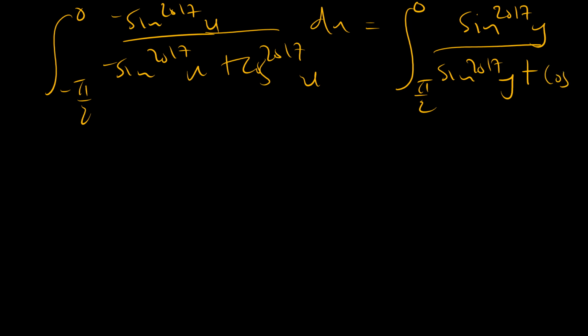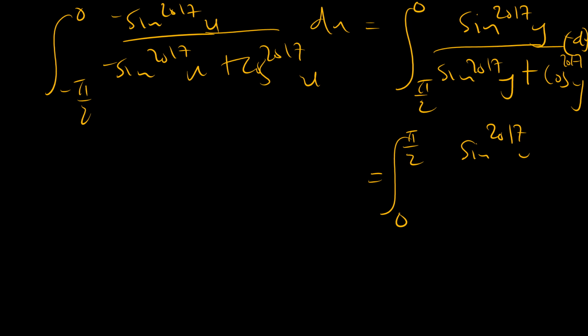Cosine of a negative is positive cosine, and then du becomes negative dy. And that negative sign allows us now to flip the limits. So we have sine to the power 2017 y over sine to the power 2017 y plus cosine to the power 2017 y dy.